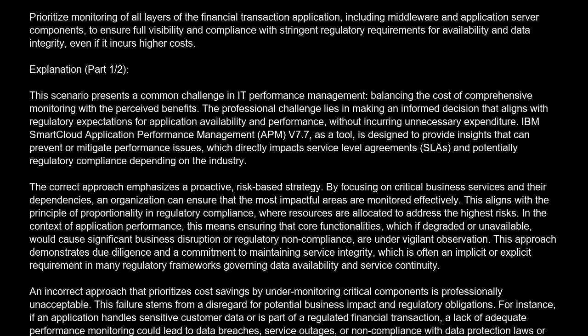In the context of application performance, this means ensuring that core functionalities, which if degraded or unavailable, would cause significant business disruption or regulatory noncompliance, are under vigilant observation. This approach demonstrates due diligence and a commitment to maintaining service integrity, which is often an implicit or explicit requirement in many regulatory frameworks governing data availability and service continuity.